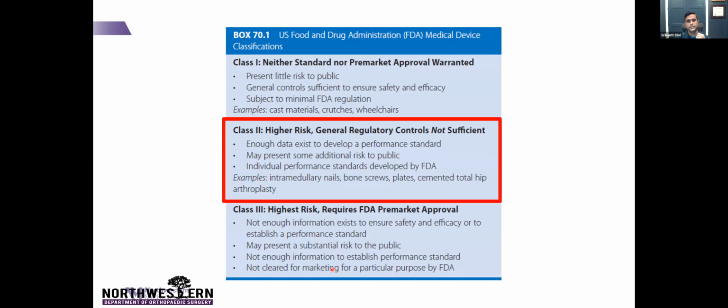This is one thing I just put in there as an aside, mainly for Waji to think about. Pedicle screws have now been downgraded to what's called a Class 2 FDA medical device. Puts it in the same category as a lot of other orthopedic hardware that we use. And so each device that we use is either FDA approved for a certain indication or not.